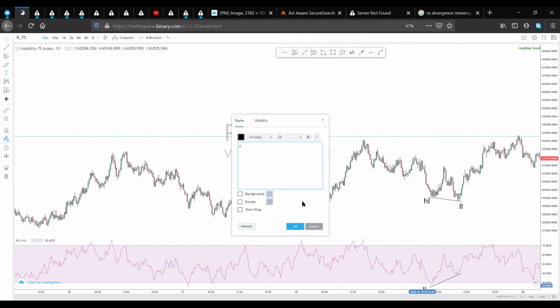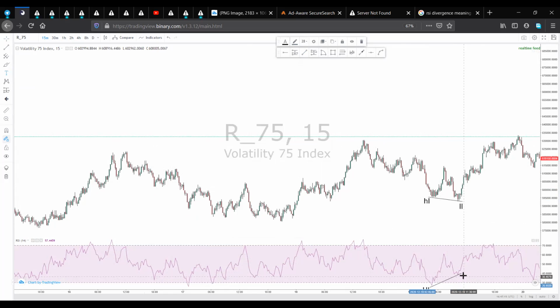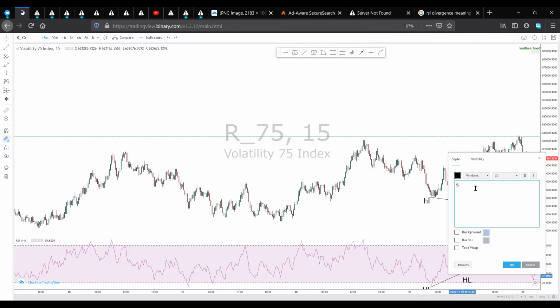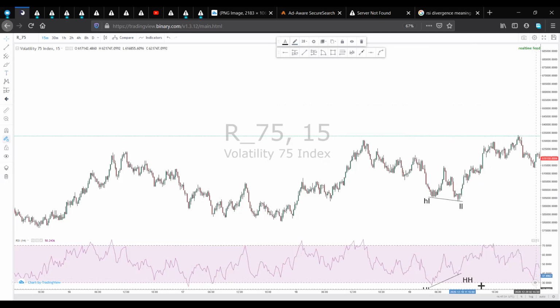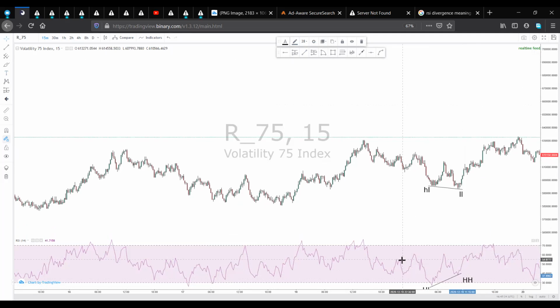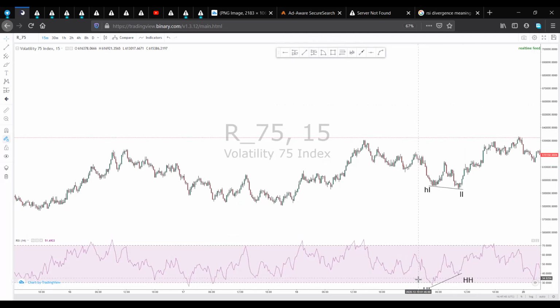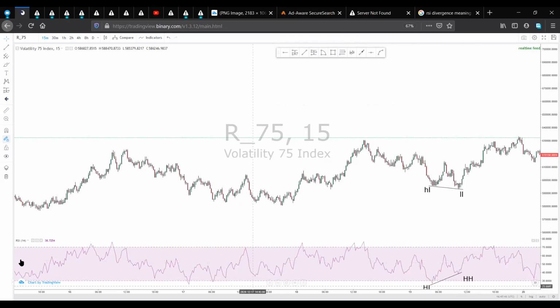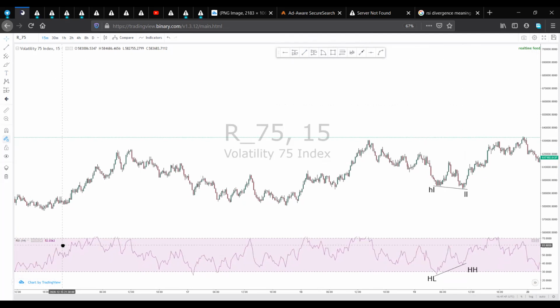It's making a higher low, and also it's making the higher high. I'm trying to squeeze this pricing so that everyone can see here. Okay, let me put it there.